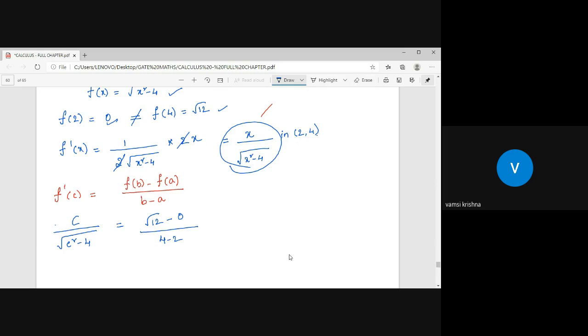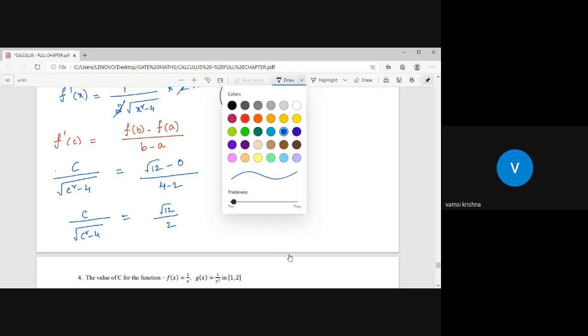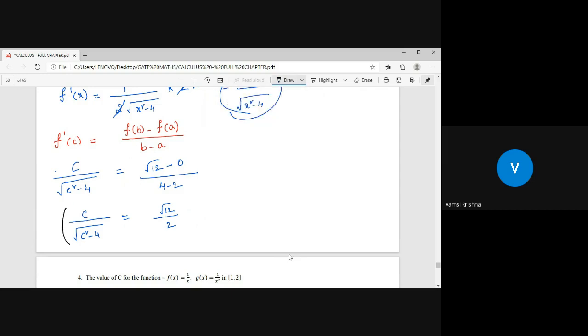So what will I get here? c by square root of c square minus 4 is equal to root 12 by 2. What we are going to do is square on both sides, then it will become simple. LHS whole square, RHS whole square.